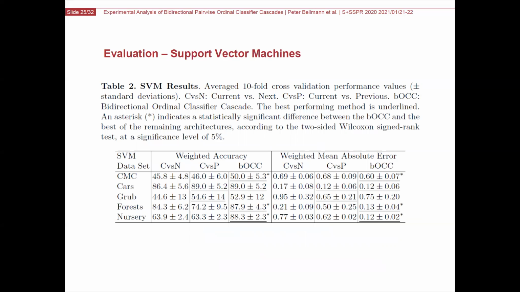Based on support vector machines, the proposed bOCC architecture outperforms both one-directional approaches, statistically significant on 3 data sets. The bOCC approach is tied with the current versus previous approach on the CARS dataset and even slightly outperformed by the current versus previous approach on the CRUB dataset.